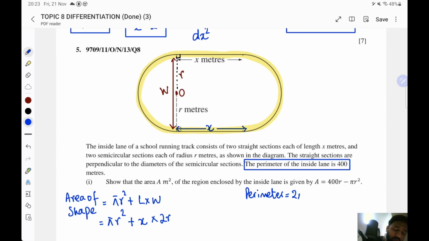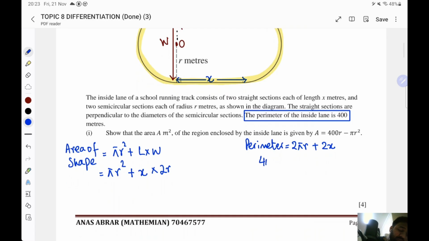So I'll say one complete circle, which is 2 pi r, and the other thing is 1x at the top and 1x at the bottom, which makes it 2x. I have to add all the outer sides. So the perimeter is 400, which will be equal to 2 pi r plus 2x.